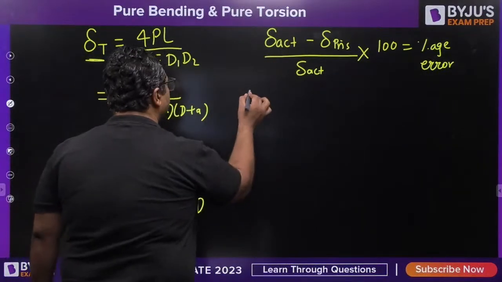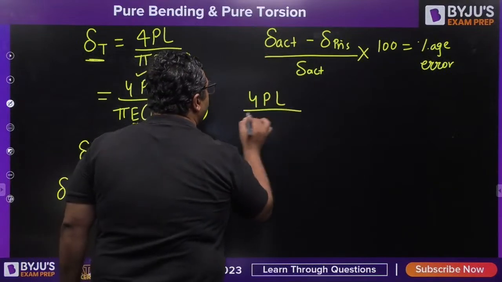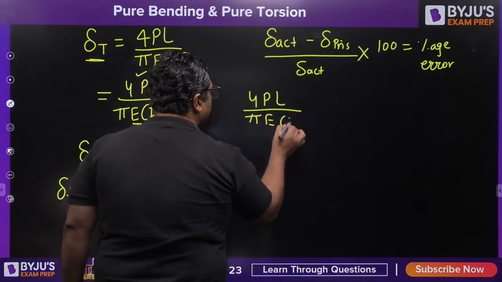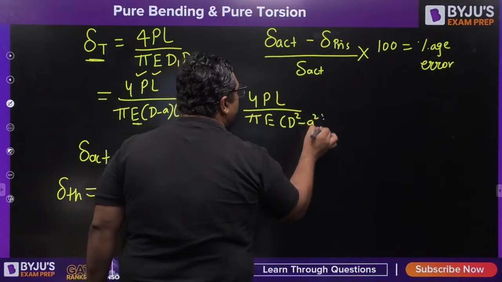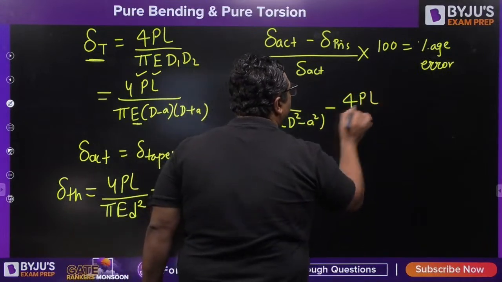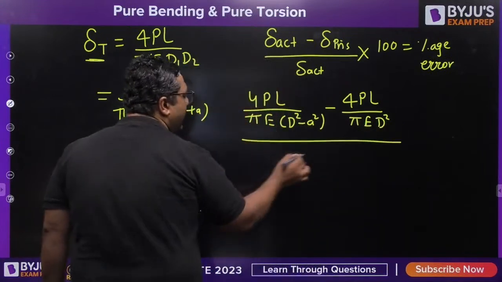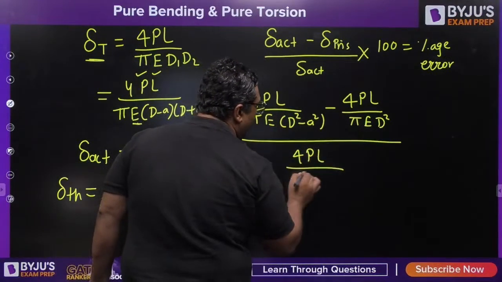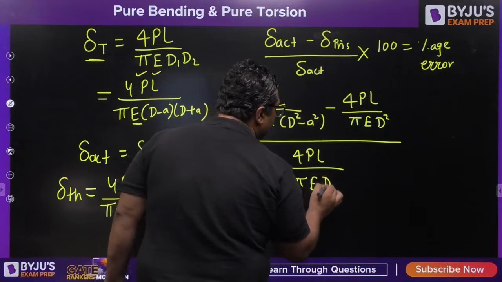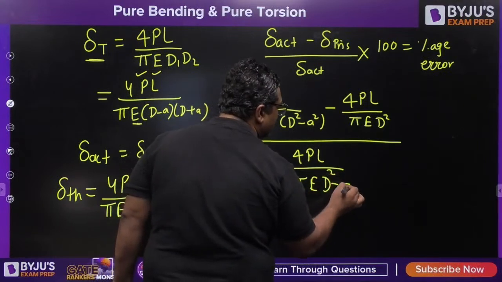You will be putting the value 4PL upon pi E D square minus A square, minus 4PL pi E D square, divided by 4PL pi E D minus D square minus A square.